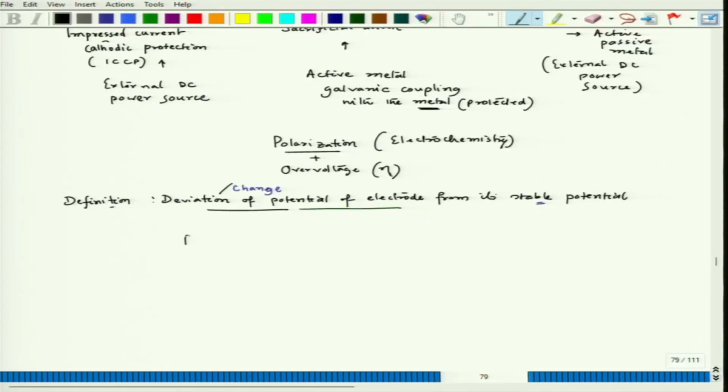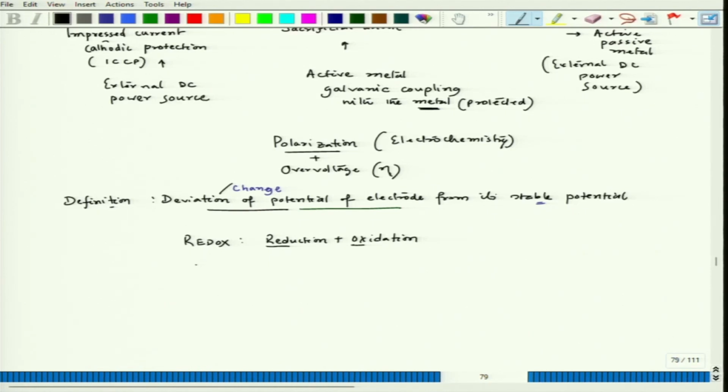What is redox? Reduction plus oxidation. From reduction you take red and from oxidation you take ox. So, that becomes redox. For a complete electrochemical process, both oxidation and reduction must happen.